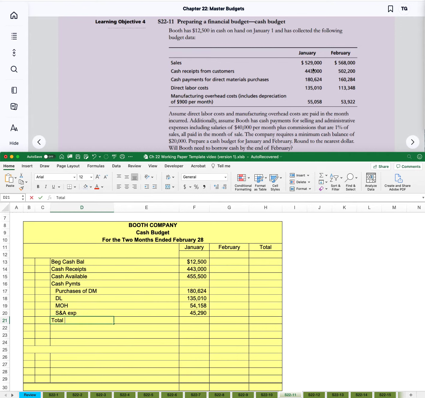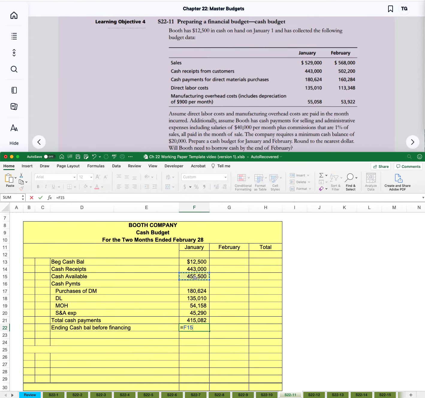So then we'll do a total cash payments, and we'll use the sum function here to add together all of these cash payments. And then our cash available minus total cash payments will give us ending cash balance before financing.